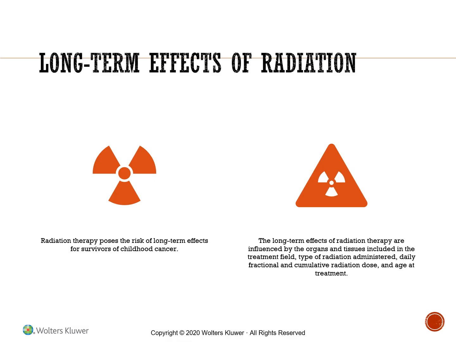The long-term effects of radiation therapy are influenced by the organs and tissues that are included in the treatment field. When we treat someone with radiation, we usually try to aim that radiation directly at the cancer we're attempting to treat. We do that to try to reduce the amount of systemic or widespread long-term complications that we see.